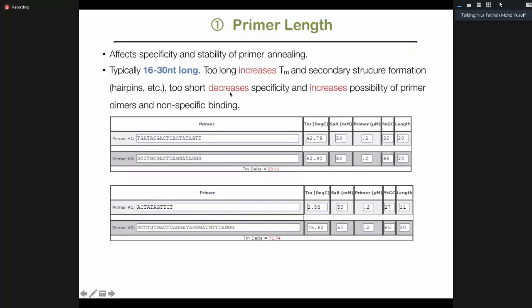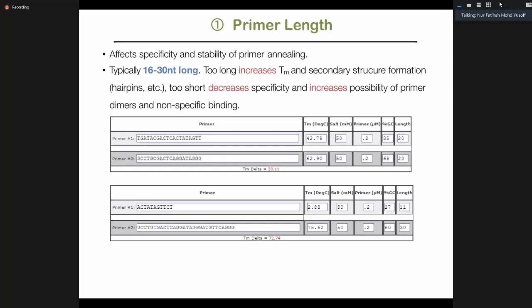Primer length affects specificity and stability of primer annealing to the template. Okay, so typically you can design between 16 to 30 nucleotides, but normally you can also design up to 25, perhaps between 18 to 25.